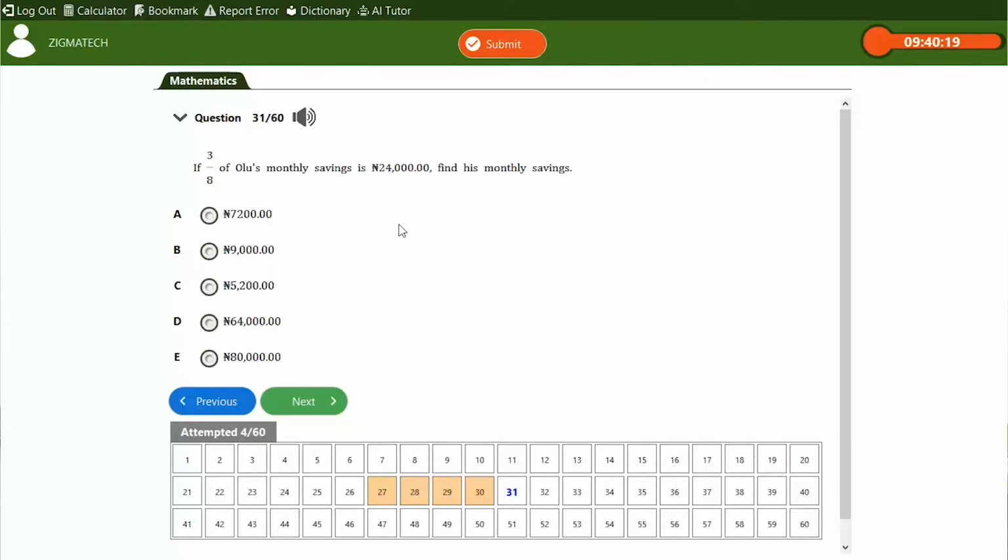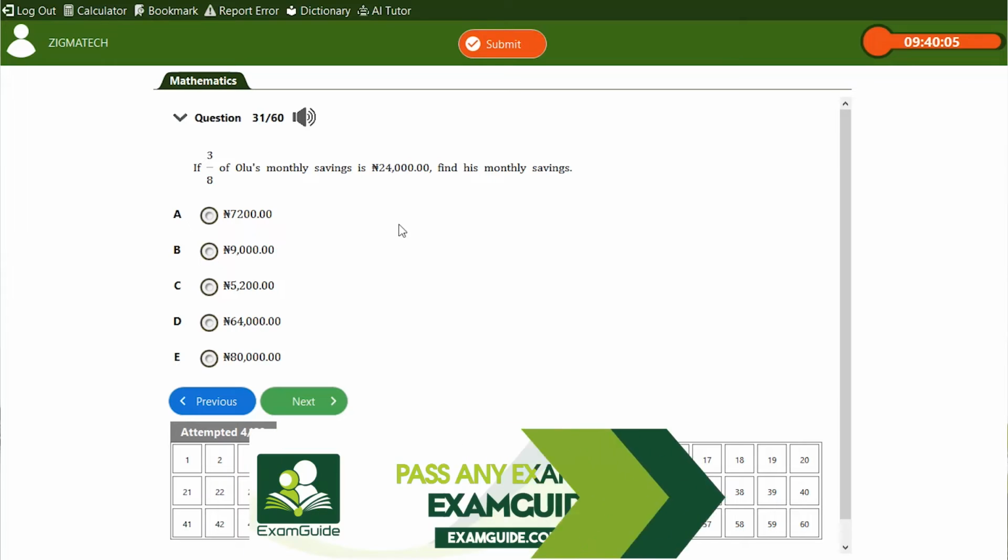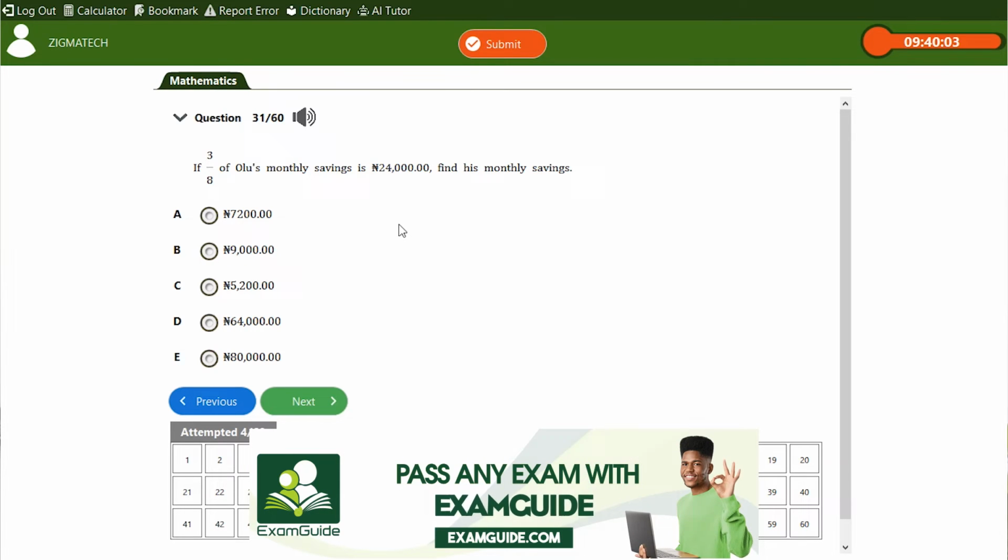So let Olu's monthly saving be A. So we are saying that 3 over 8 of A is equal to 24,000.